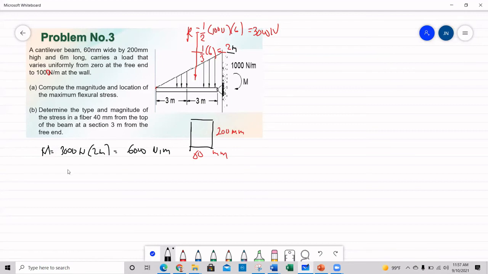Even if you try doing the calculation by integration as a function of x, the maximum is really here.